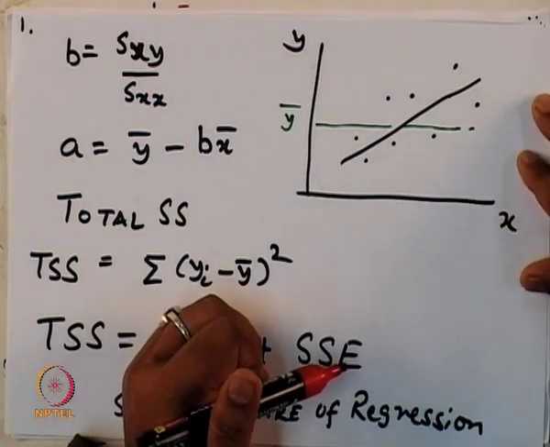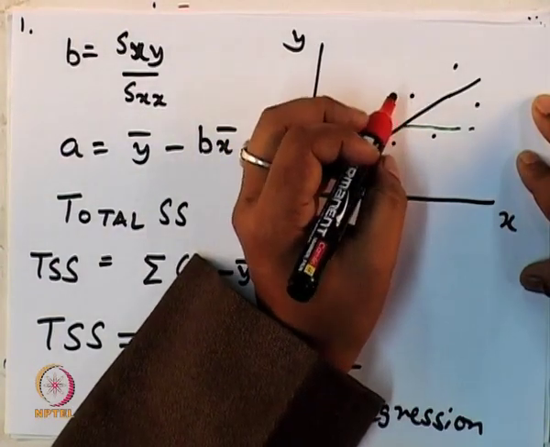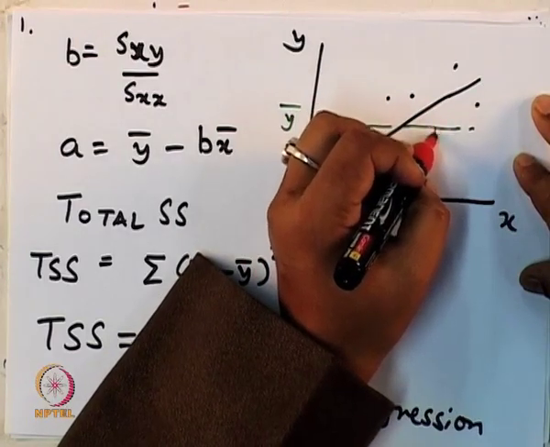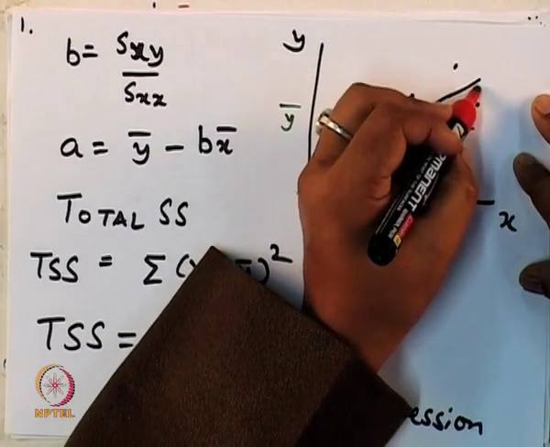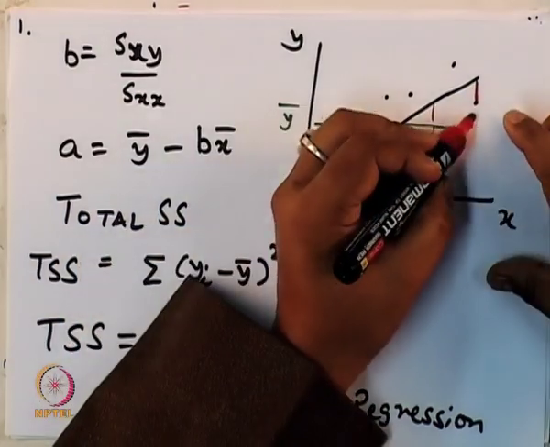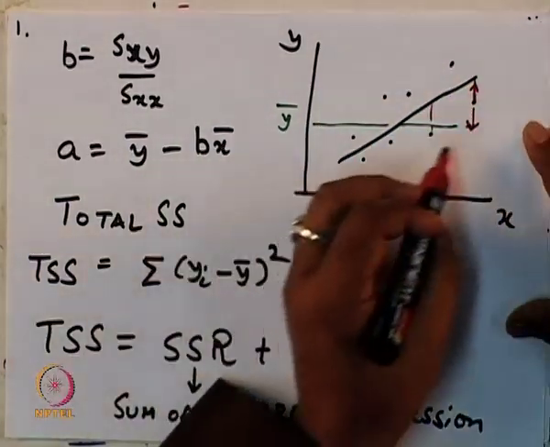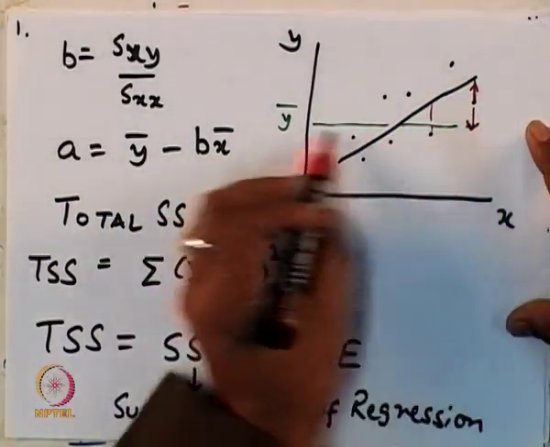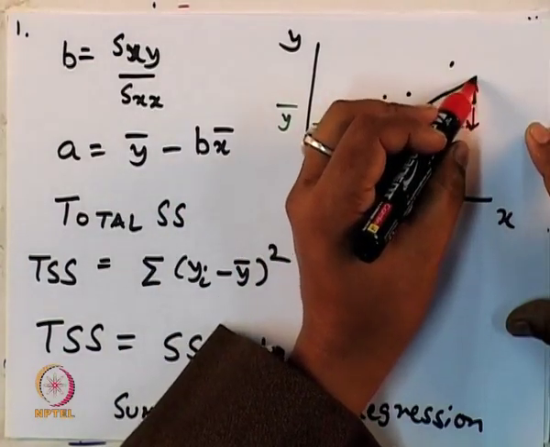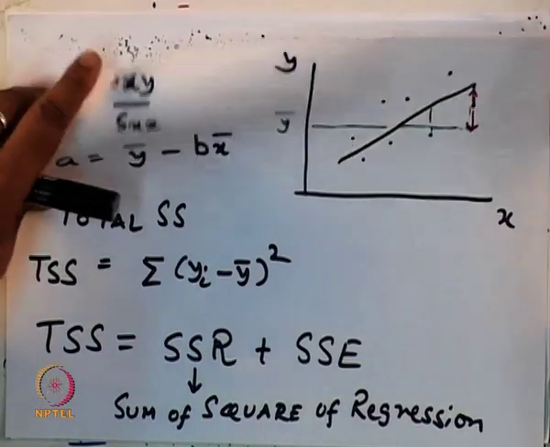Your sum of squares of regression is essentially this component, from this deviation. If the linear relationship did not exist, imagine all your data points were along the horizontal line; then how much this line deviates from this base is your sum of squares of regression. Okay. So, how will I write down the expression for sum of squares of regression?